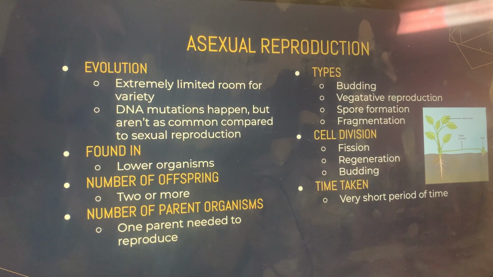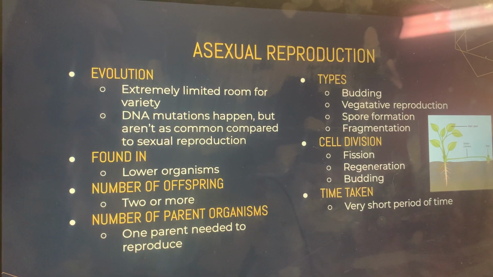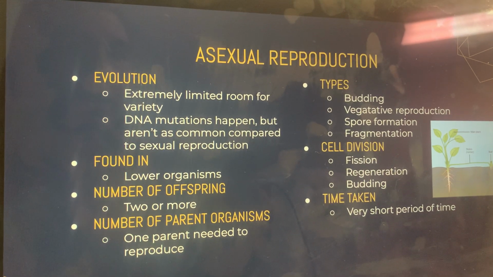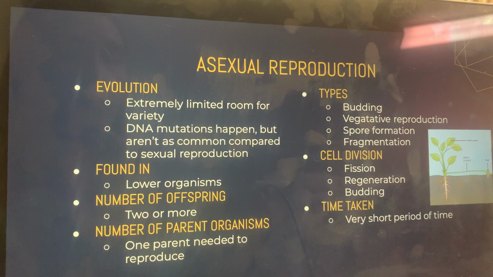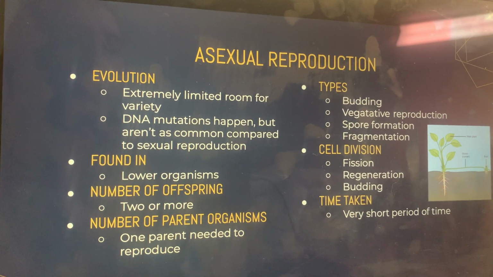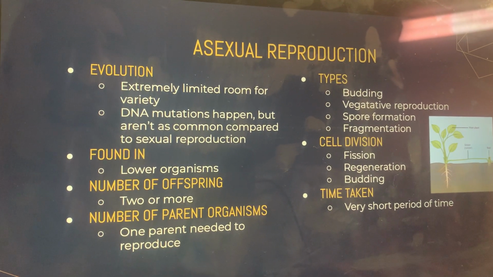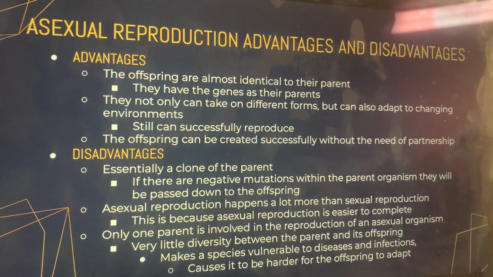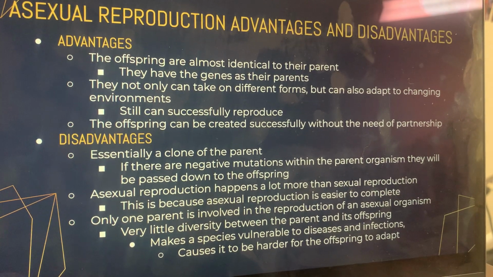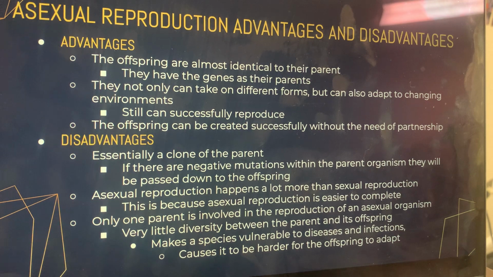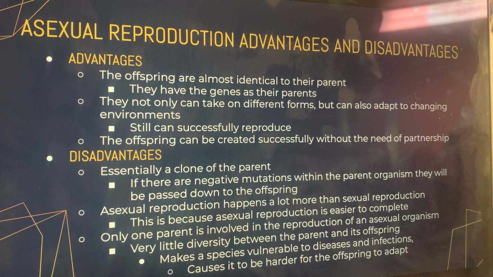Now, this process is very short term. It doesn't take that long to reproduce asexually, which is why asexual reproduction is more common than sexual reproduction. Some of the advantages and disadvantages: the offspring are identical to their parent, as they have the same genes as their parents.